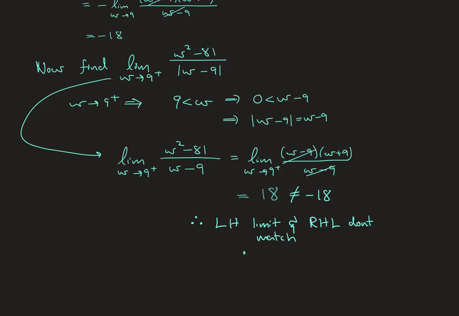And therefore, the limit as w approaches 9 of w squared minus 81 divided by the absolute value of w minus 9 does not exist.